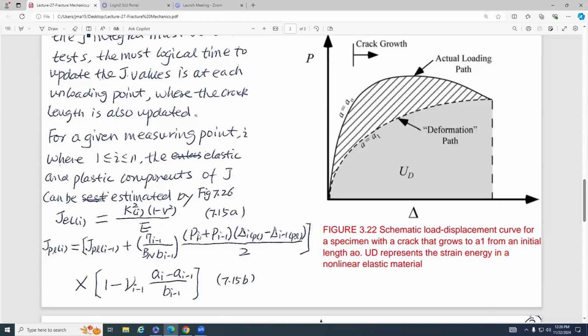And P_i is the loading, okay, because the loading is changed at this i step. P_(i-1) is the loading at the i minus 1 step, and delta_i and delta_(i-1) are the displacements at the i step and the i minus 1 step respectively. PL means that it's only because of the plastic deformation.